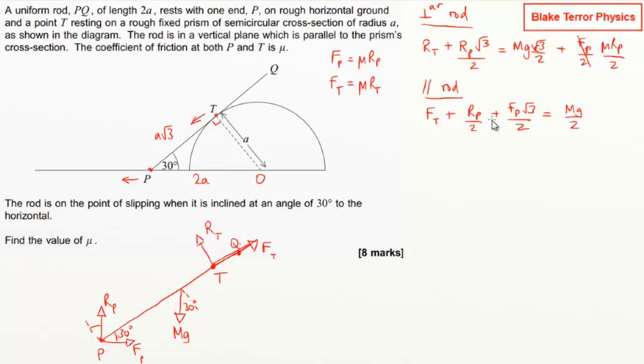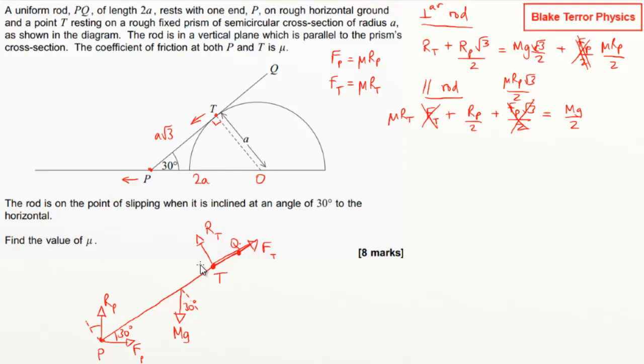And let's get rid of this term here and replace that with, which one was that? That was mu RP root 3 over 2. And we can replace that one with a mu RT. So we've now got 2 variations on our resolving perpendicular and parallel.